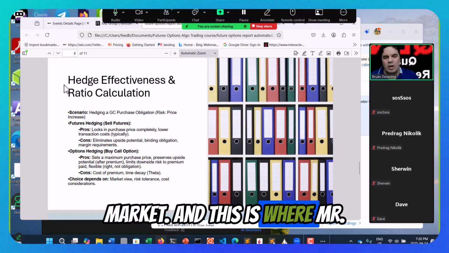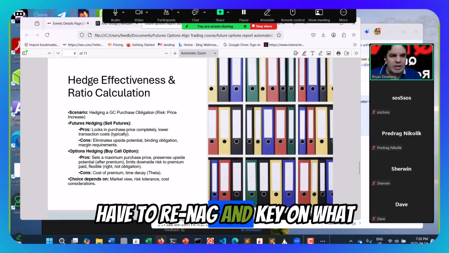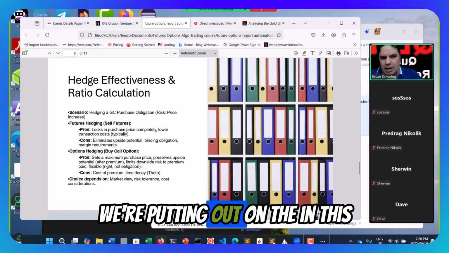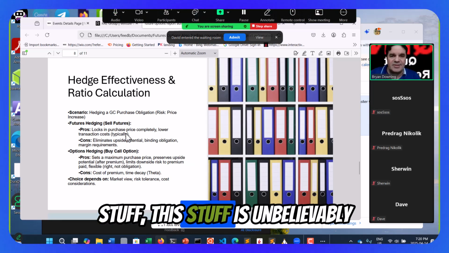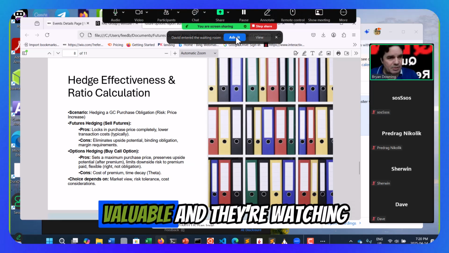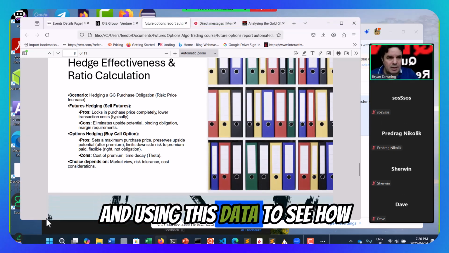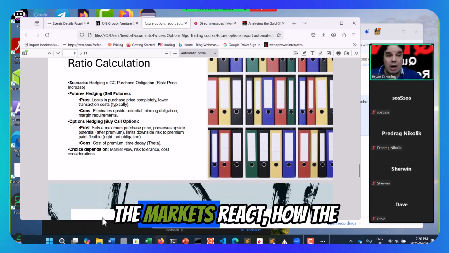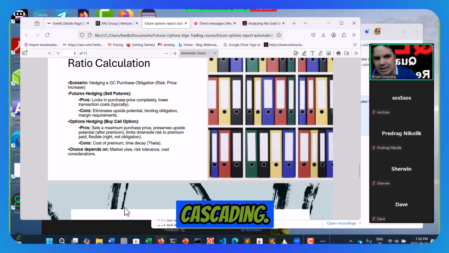And this is where Mr. Trump will say yay or nay. We have to renege and cave on what we're putting out, in this case, the trade tariffs. So this stuff is unbelievably valuable, and they're watching and using this data to see how the markets react, how the economy reacts, and the whole cascading effect.